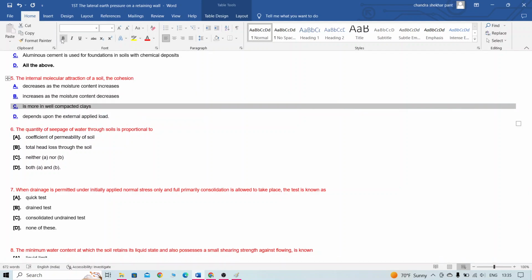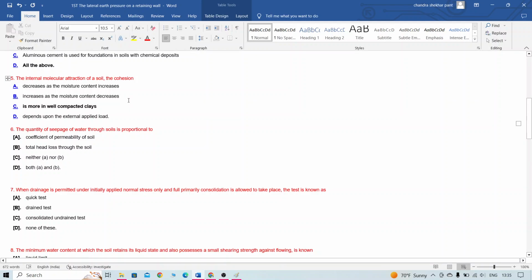It is obvious because when we compact the soil, the moisture content or the air voids present between the soil particles get expelled out, and this helps to combine the soil particles which had been dispersed away. They get closer and form dense, compacted clays. As a result, the cohesion is also increased.